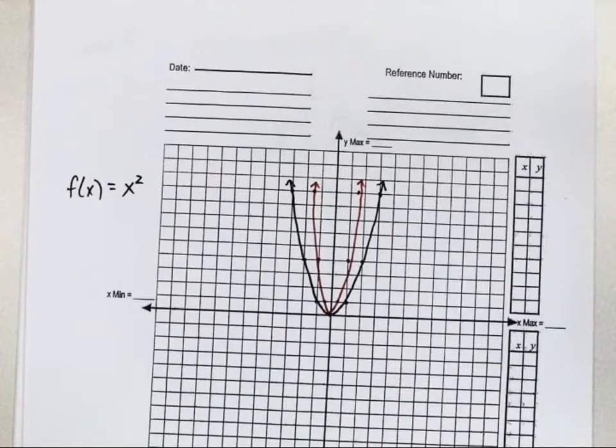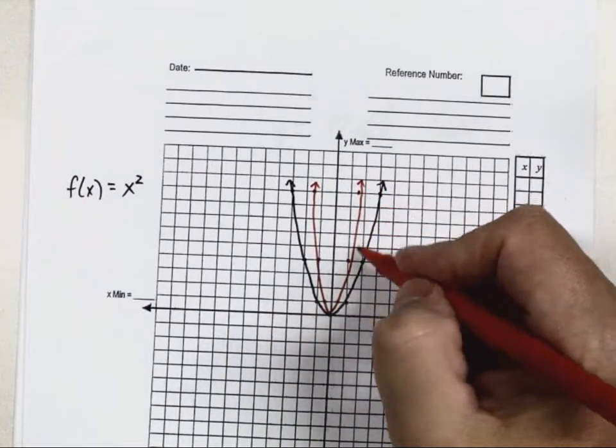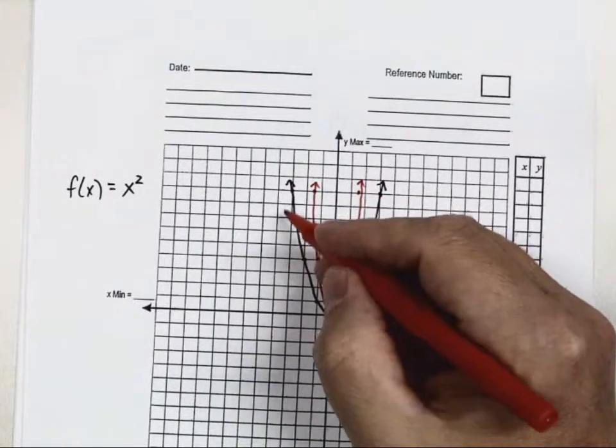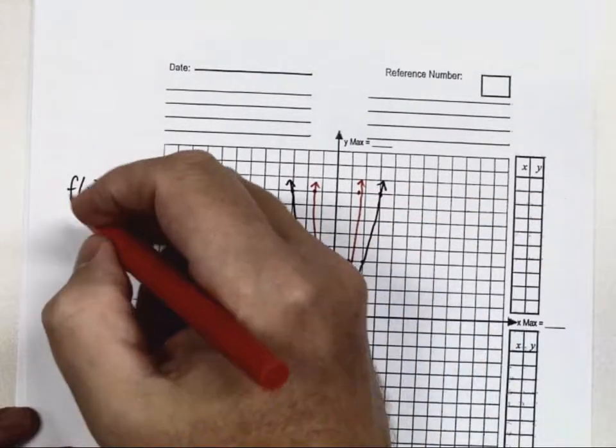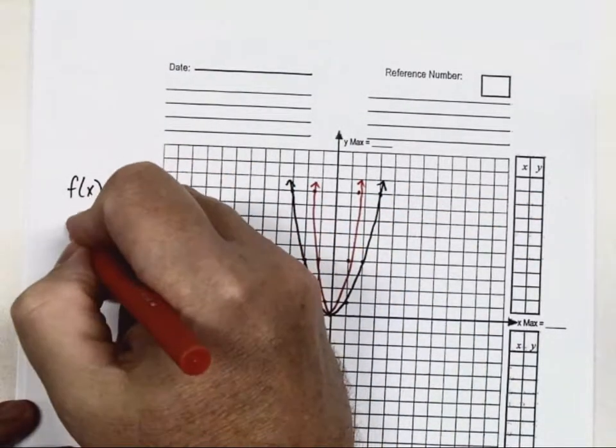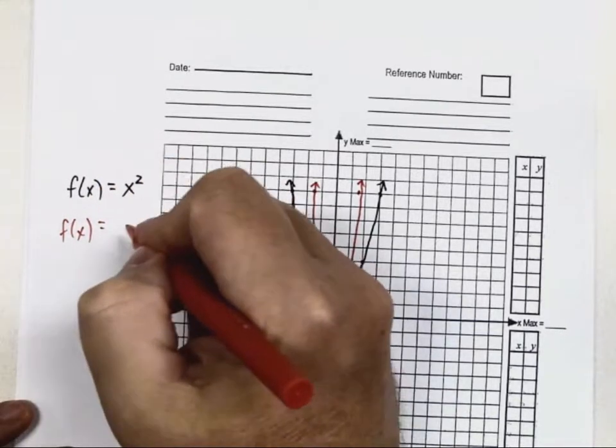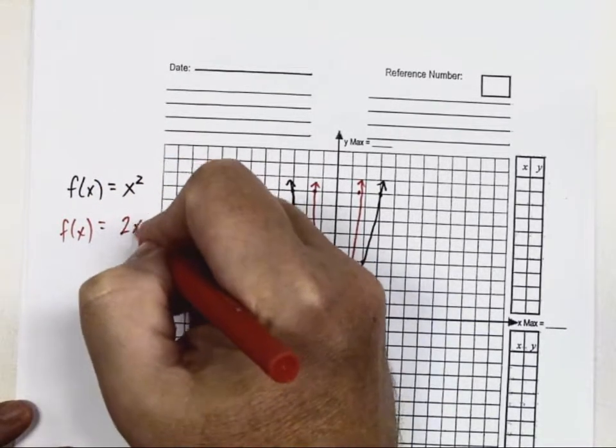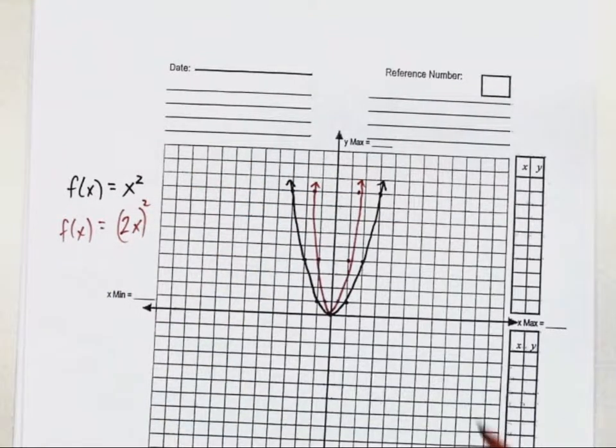So I'm not going to draw it, but I could say now, so this is a graph. If this is x squared, this first graph is actually 2x quantity squared.